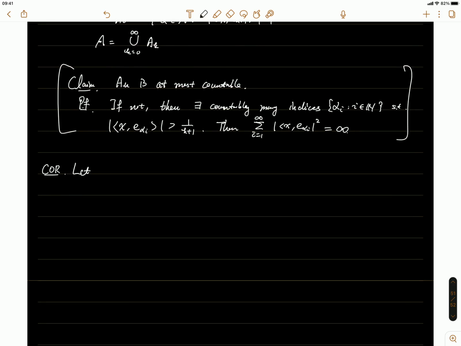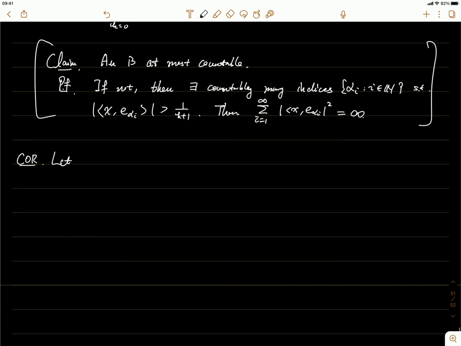So let X be a Hilbert space. Let e_alpha be an orthonormal set.